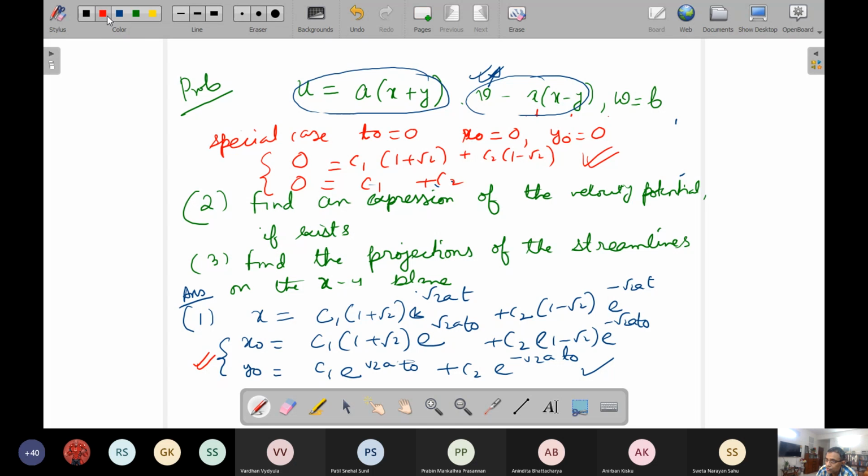So for a non-trivial solution, you should have the determinant of the coefficients of C1 and C2 equal to 0.